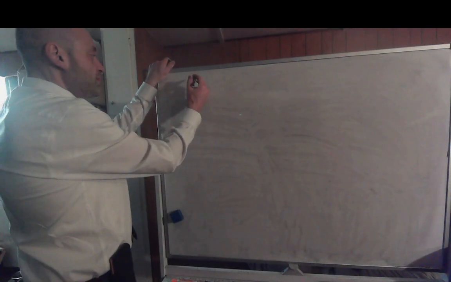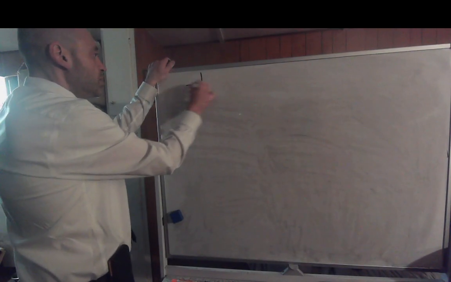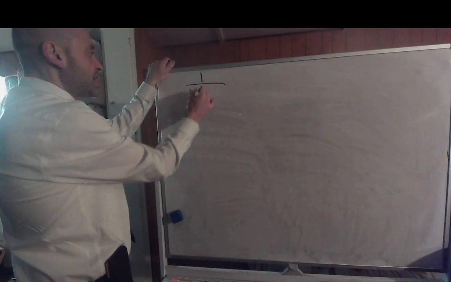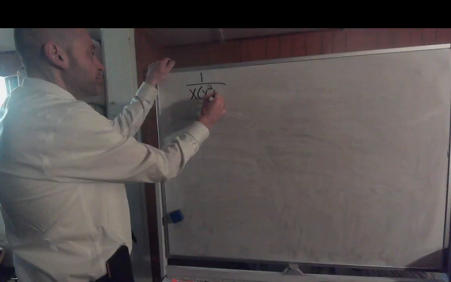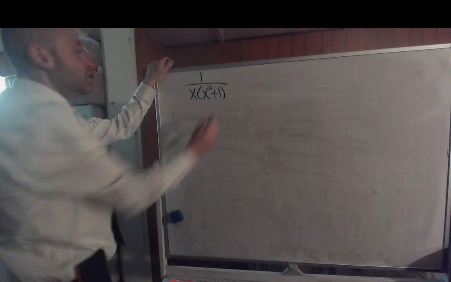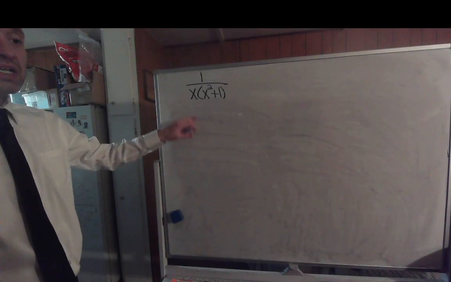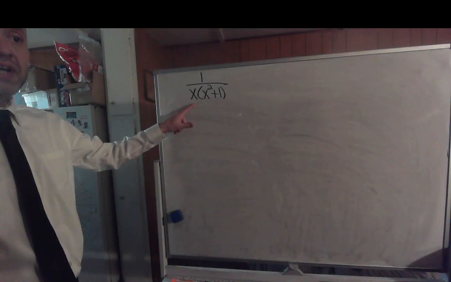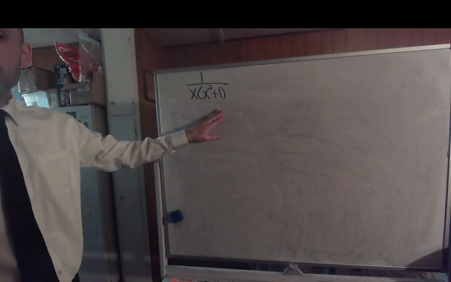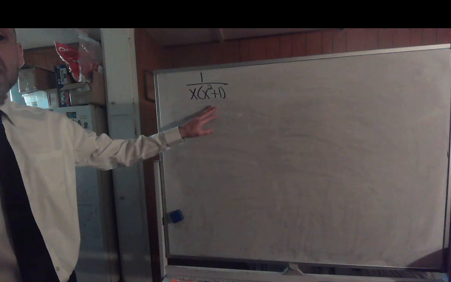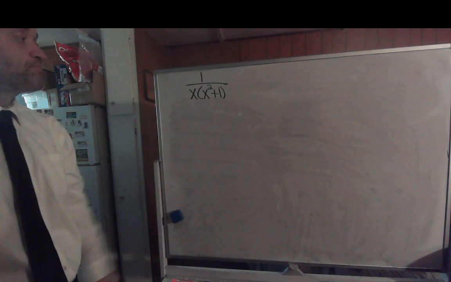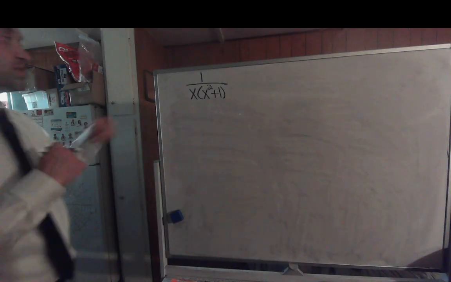So what if I gave you 1 over something like x times the quantity of x squared plus 1? What the heck are we going to do with that? X is a perfect non-repeating linear factor, right? But what about x squared plus 1? That doesn't factor over the real numbers. So let's show this to you here.